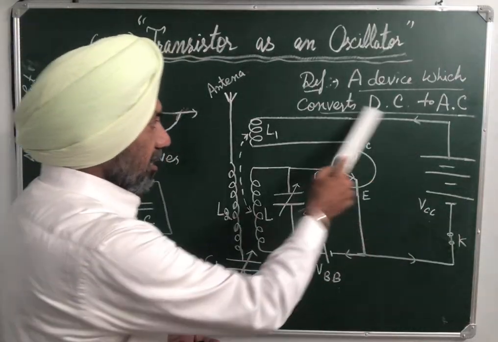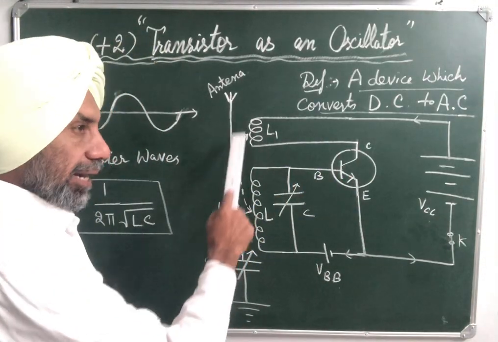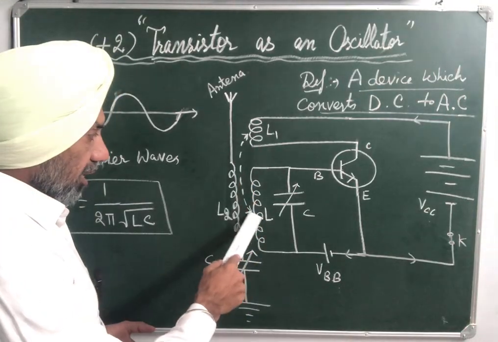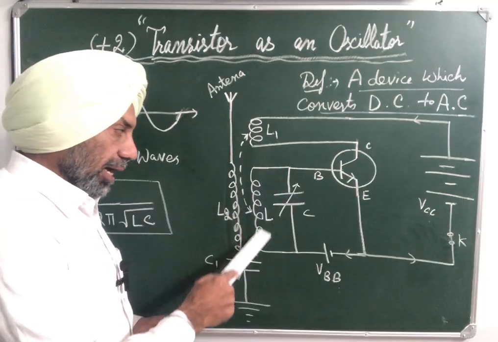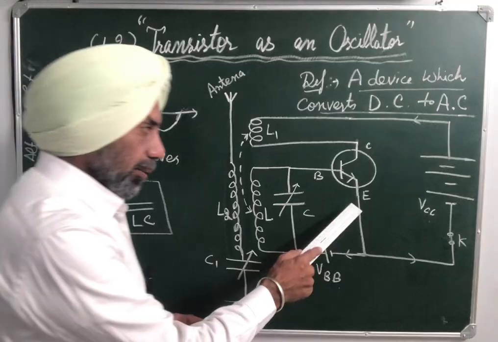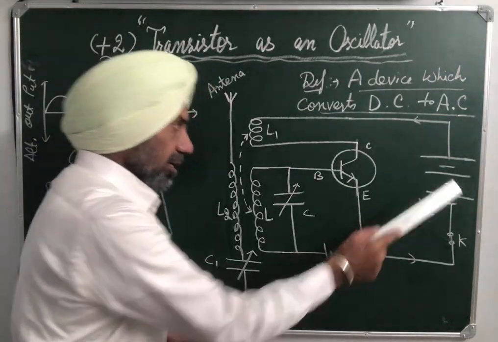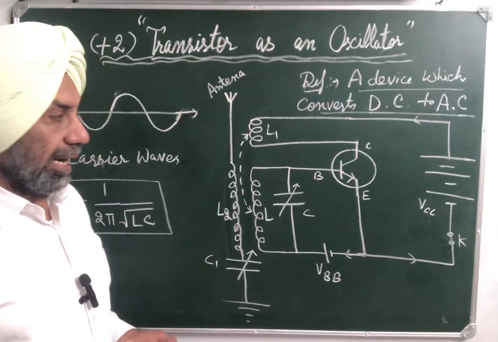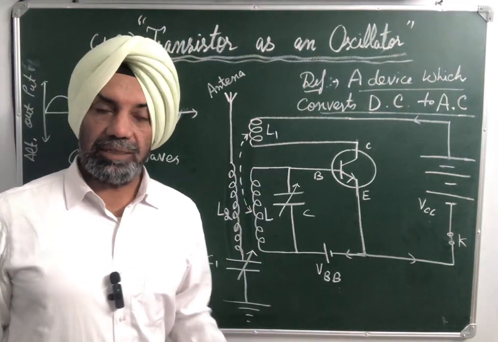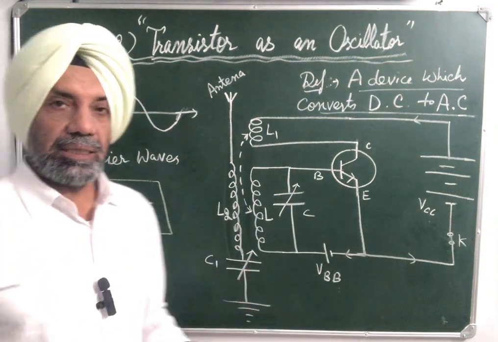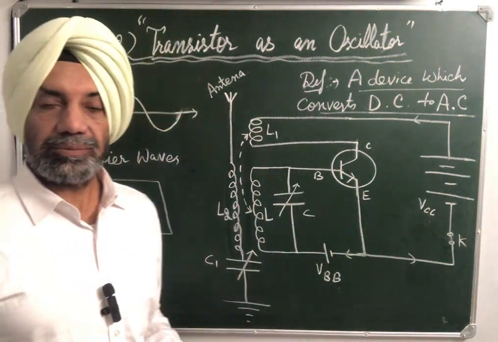And when the collector current increases, more increasing magnetic flux is linked with L1, and this is also linked with L. That is, magnetic flux through L also increases, which further charges the capacitor. And again emitter current increases, collector current increases, more flux is linked to L1, and hence L, and the capacitor goes on charging. This process continues till the capacitor gets fully charged.